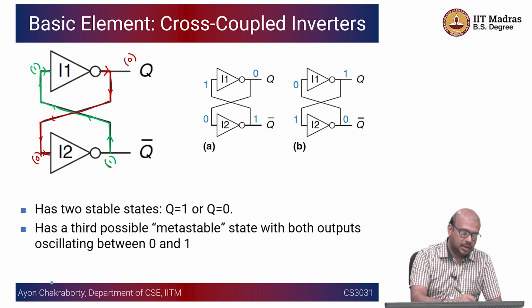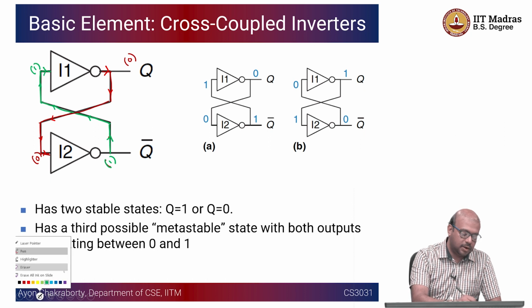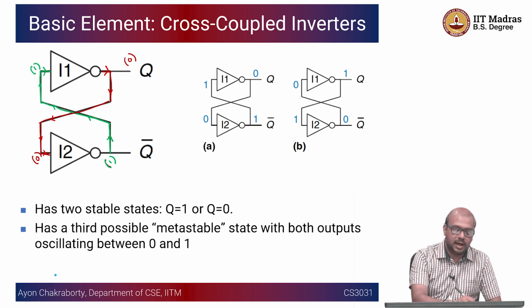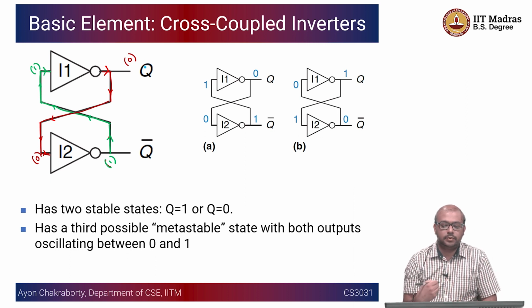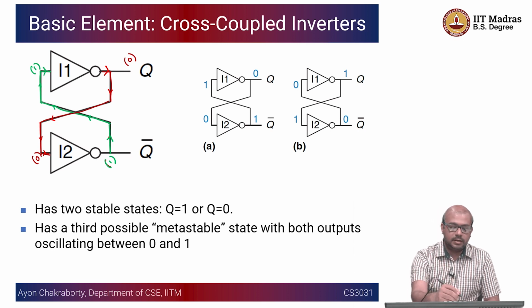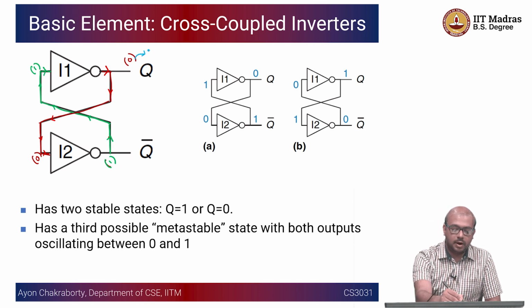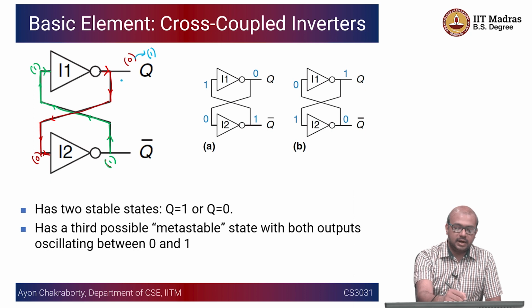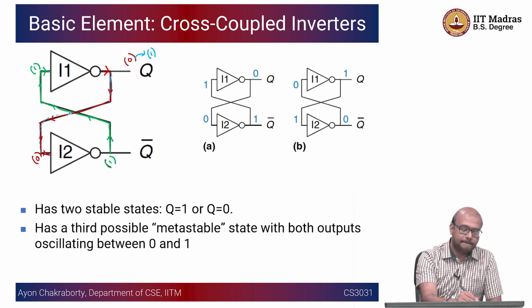Okay, so I can very easily annotate the diagram that we already have. So suppose this is a stable state of the circuit where Q is equal to 0 and things are all stable and fine, right? So let's say this one becomes 1. So when this becomes 1, suddenly this entire red line that we have is going to become 1, right?